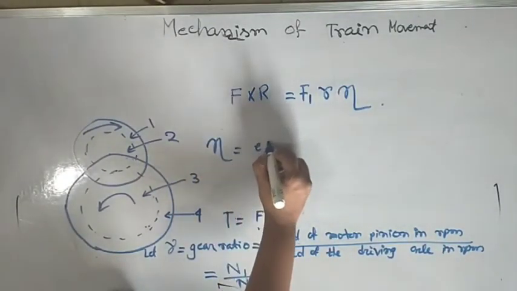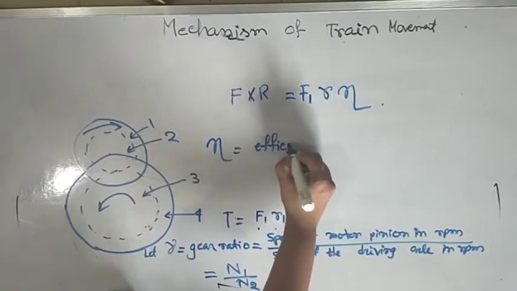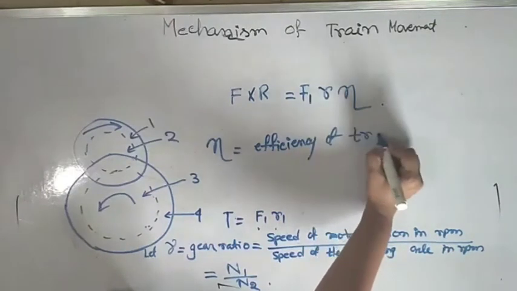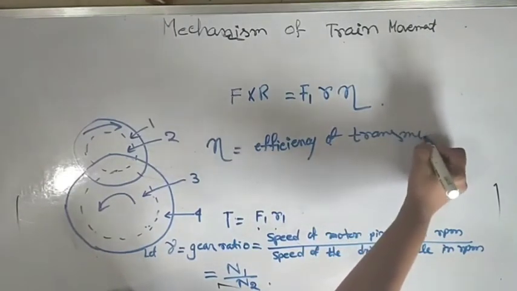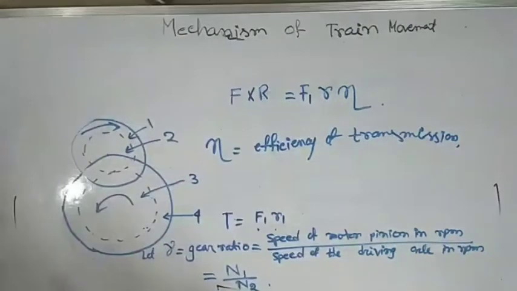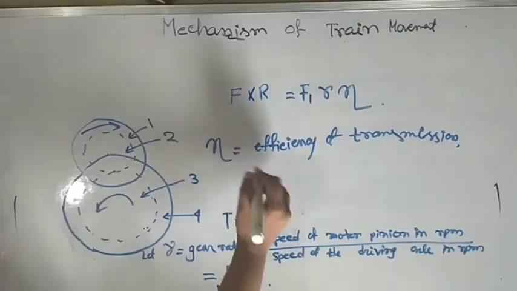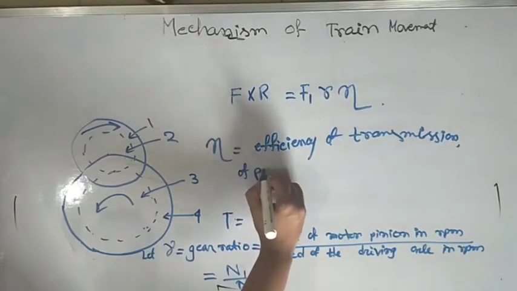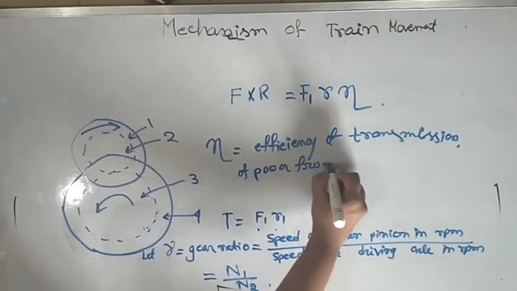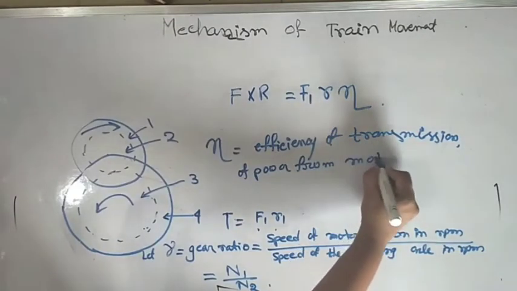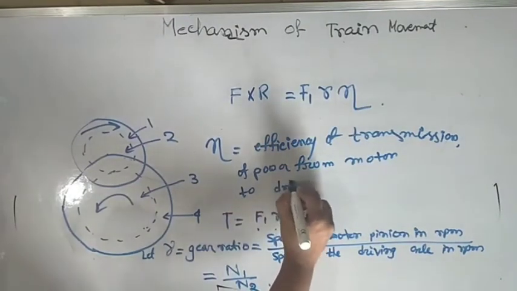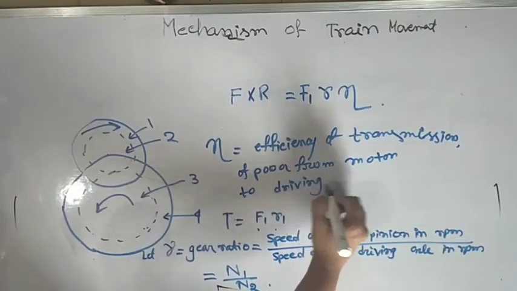Eta is the efficiency of transmission of power from motor to driving axle.